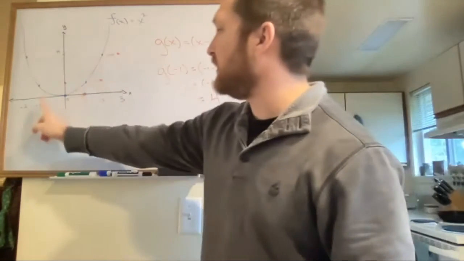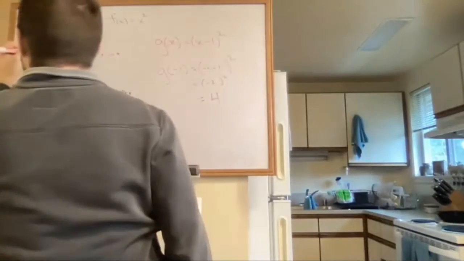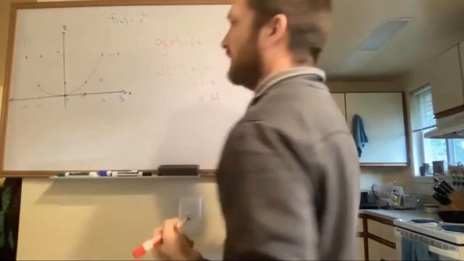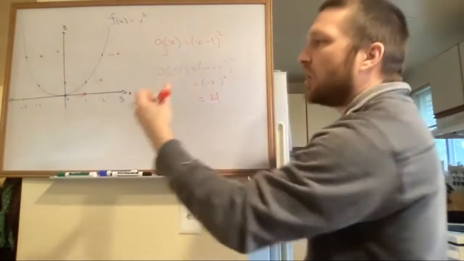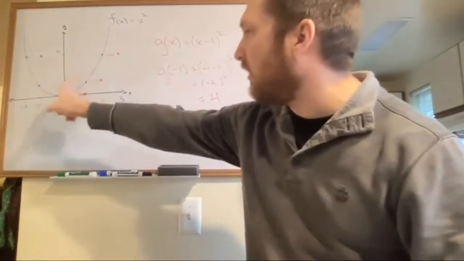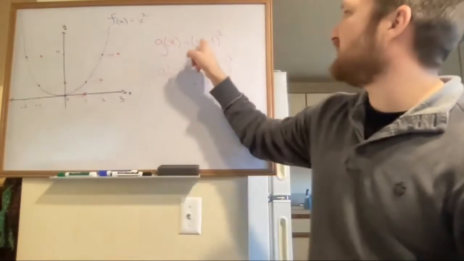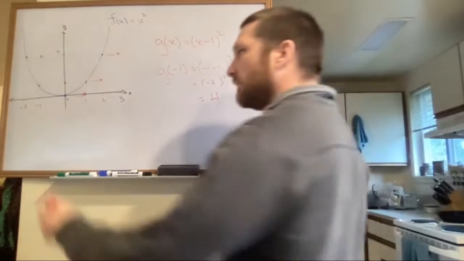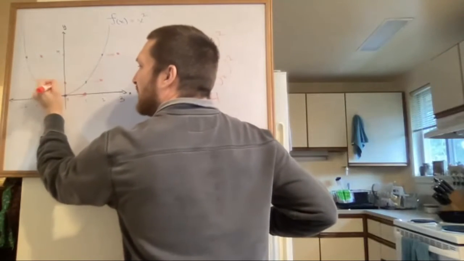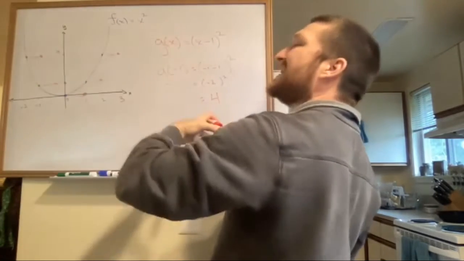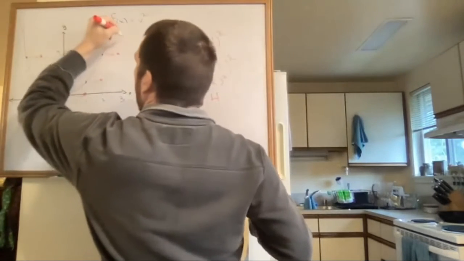So when I'm over here at negative 1, I'm up here at positive 4, just like that. We could keep going, but I'm feeling pretty good that all this thing has done, by subtracting 1 from the input, is take each one of these points and shift them to the right by 1 unit.